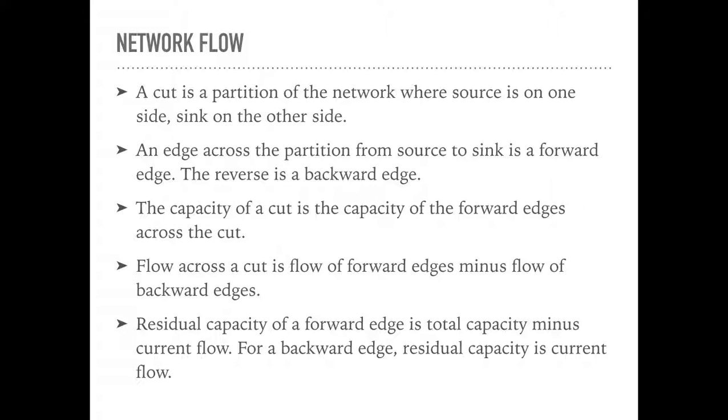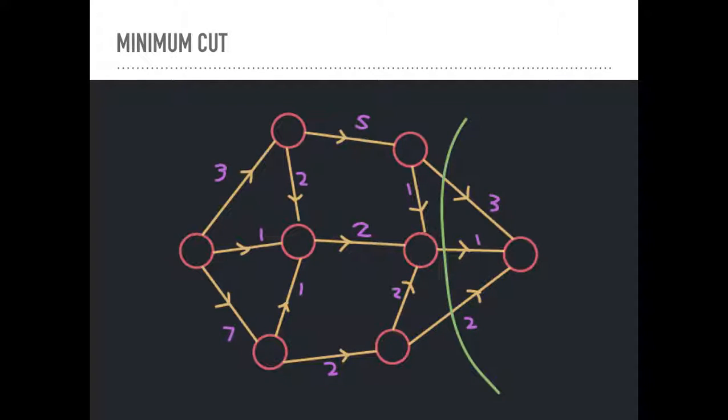And the flow across the cut is the flow of forward edges minus the flow of backward edges. So these are just capacities right now, but eventually in a few slides it'll be filled with, say, 2 out of 3. Maybe there's 2 flowing through this, or 1 out of 1, or 2 out of 2. And so the flow is counted.